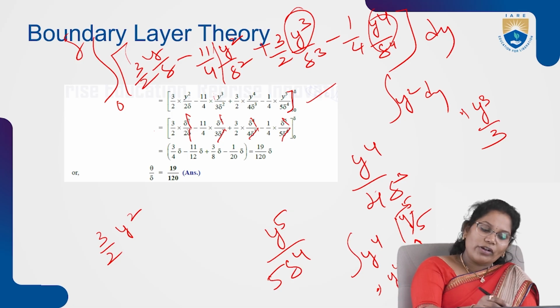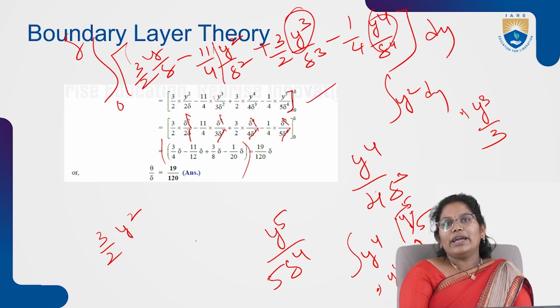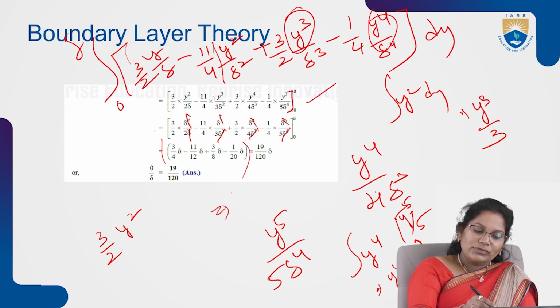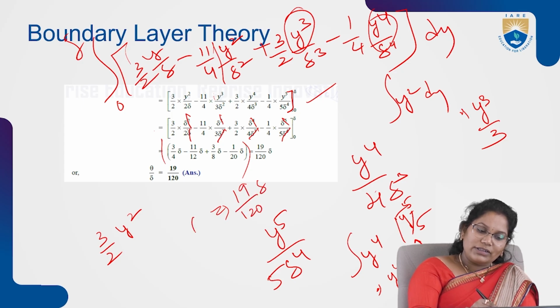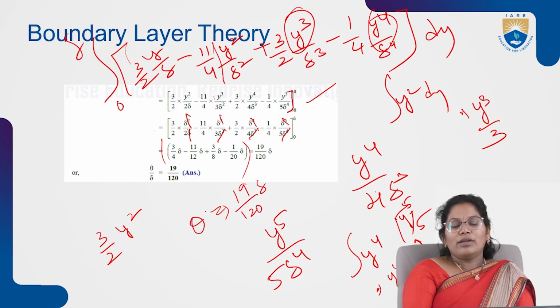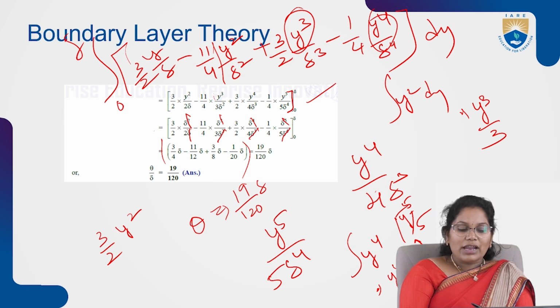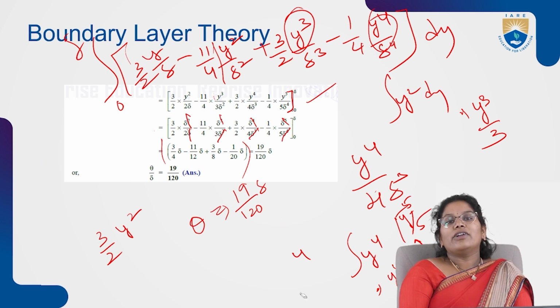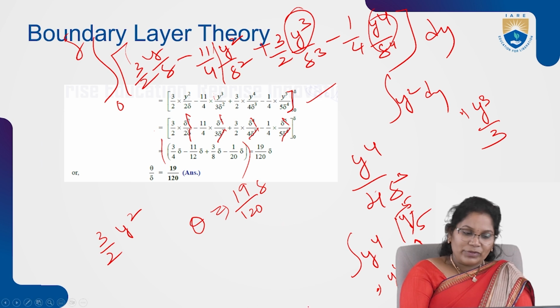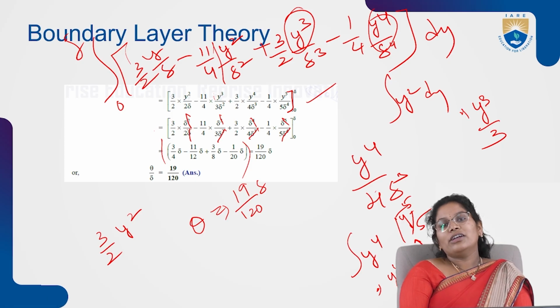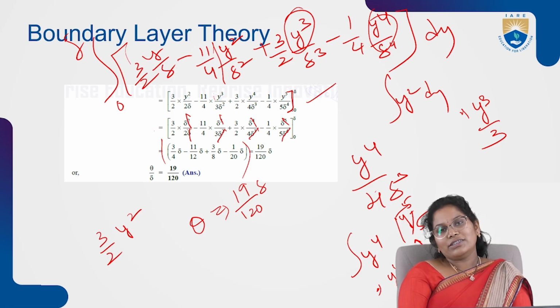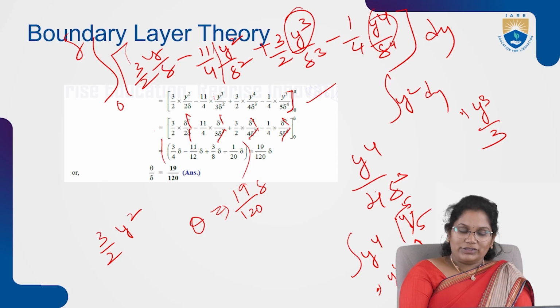So when you simplify all these things, you will get 19 by 120 delta. This momentum thickness is 19 by 120 into delta. So now what is the question here? The ratio of momentum thickness and boundary layer thickness, the ratio.